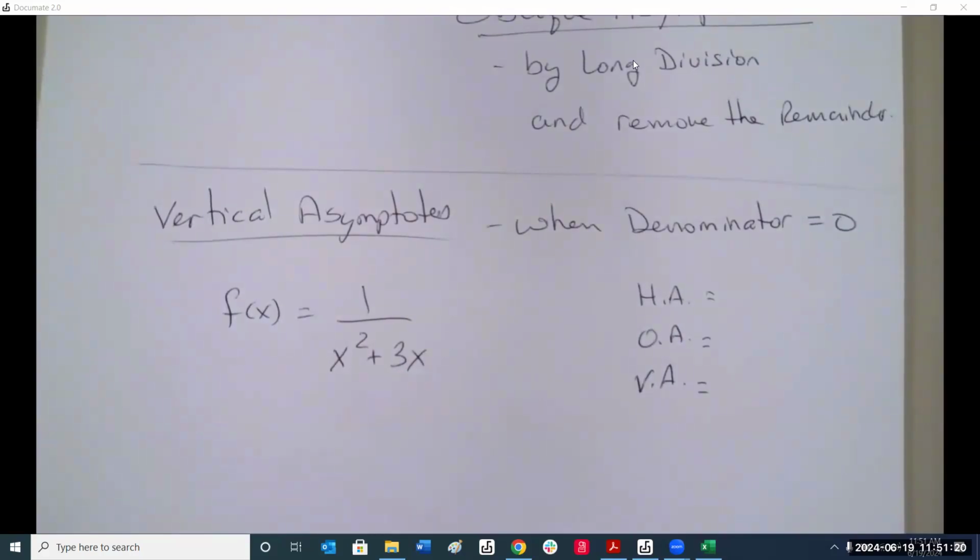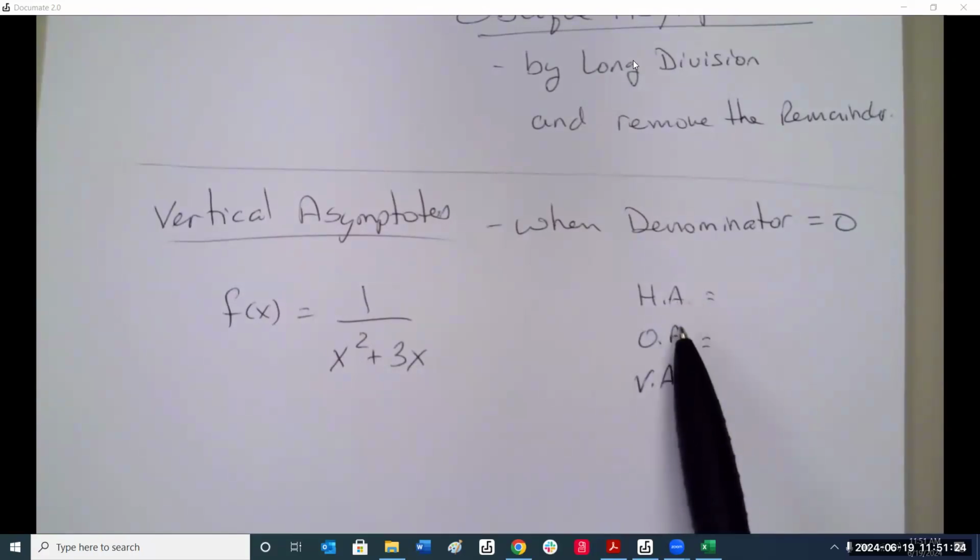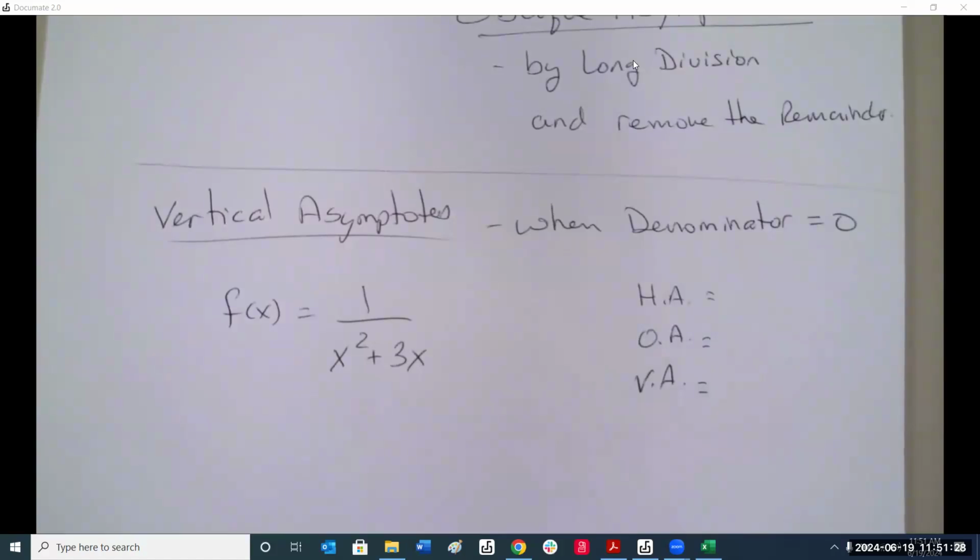So looking at this example, do we have an oblique asymptote, a horizontal asymptote, or a vertical asymptote, or a combination of them? Now just look at this one.